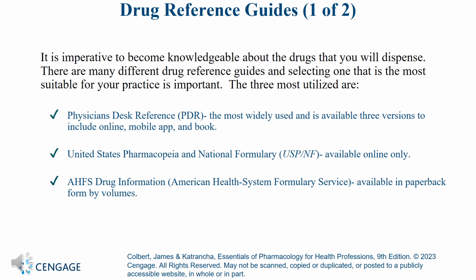It is very imperative that we become knowledgeable about the drugs that we are going to help dispense. There are many different drug reference guides that can help us, and selecting the most suitable one for our practice is important. The three that are most utilized are the Physicians' Desk Reference, your PDR, which is most widely used and is available in three versions, including online, mobile app, and a book.